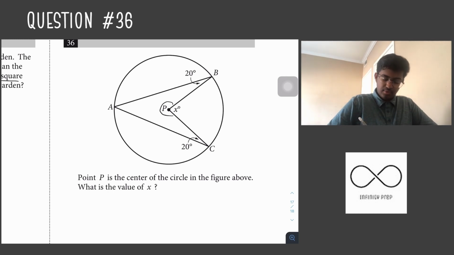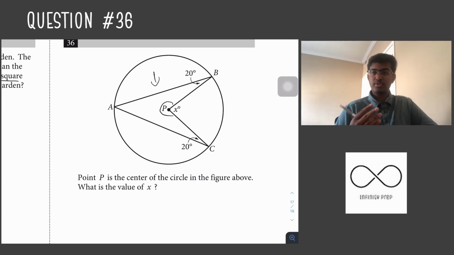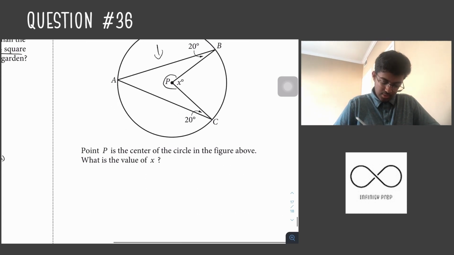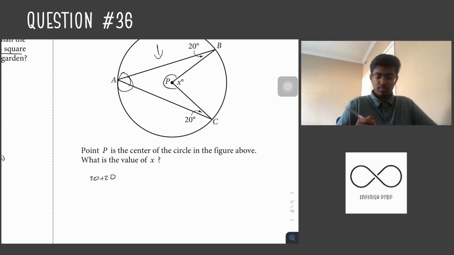So this figure right here is four-sided, which means that the interior angles add up to 360. So we're given two angles, which are 20 plus 20, and then we're missing the angle right here and the angle that's opposite to x.